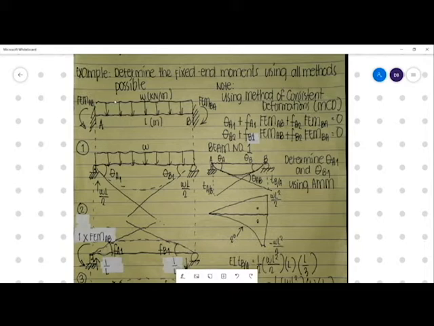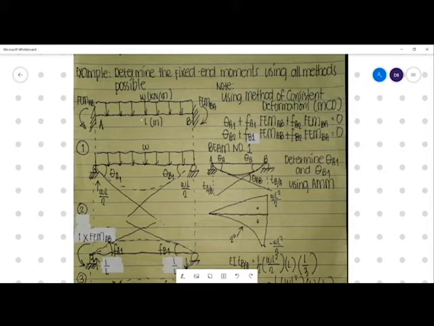So we're only to find the fixed end moments, instead of the usual reactions that you need to find. And let's try using the method of consistent deformations that we've already learned before.